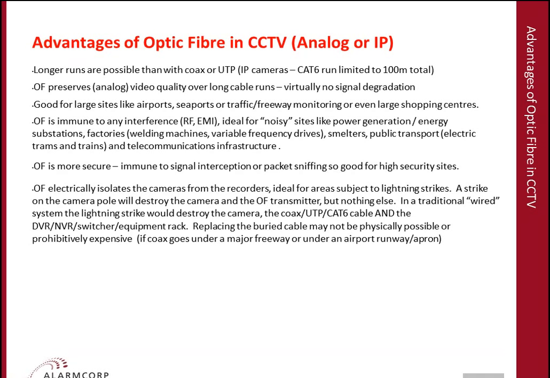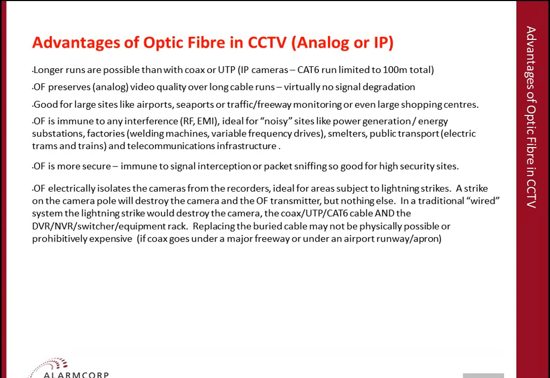If we have a traditional wired system, the lightning strike would destroy not only the camera, but it will also travel down the coax or UTP cable. It would therefore damage the cable, and it would quite likely cause damage to the video recorder and switcher and/or equipment rack. Now, getting a cherry picker to replace the camera is one thing. Getting into the server room to replace the equipment is also fairly straightforward, if expensive.